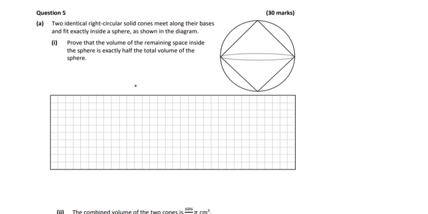So obviously the space that's remaining will be the volume of the sphere, take away the volume of two cones which are the same. So volume of sphere, and you can get these from the log tables.